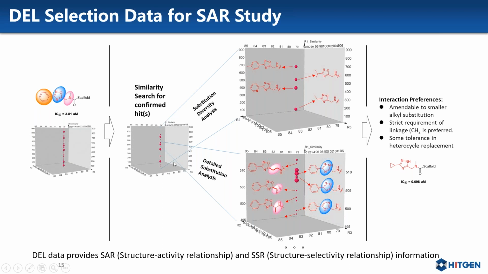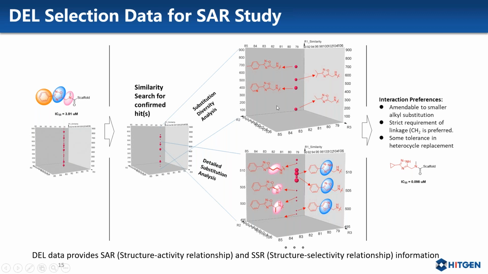For this case, you can clearly see three elements that prove crucial for structure activity relationship. First, for this key scaffold, the triazole substructure demonstrates the best activity compared with oxadiazole, isoxazole, and oxazole.